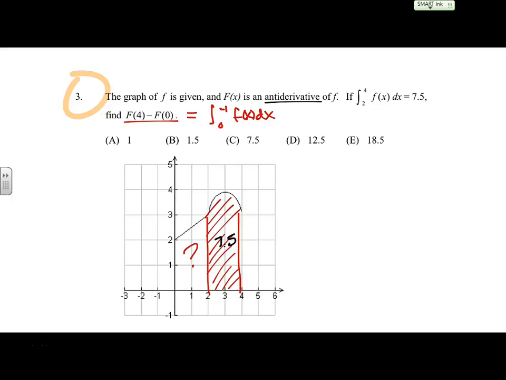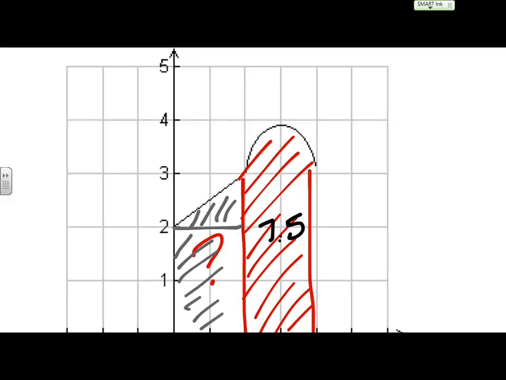That's shaped as a trapezoid, but if you don't like trapezoids the same way I don't, I just think of it as a triangle plus a rectangle. So I can go ahead and say that triangle has a base of 2 and a height of 1. 1 half times 2 times 1 is just going to be a positive 1.